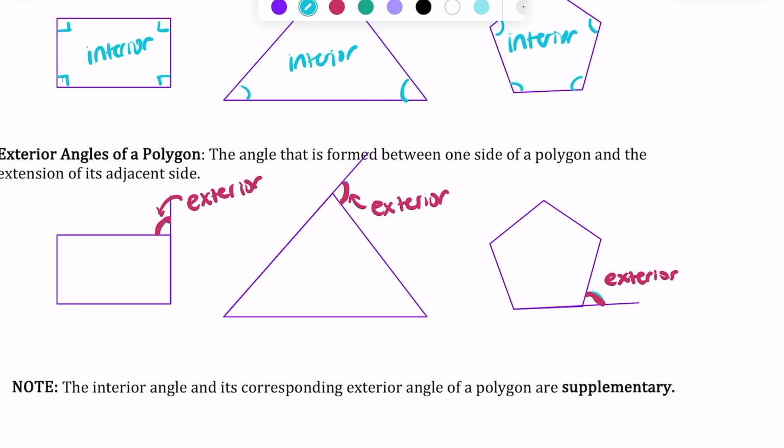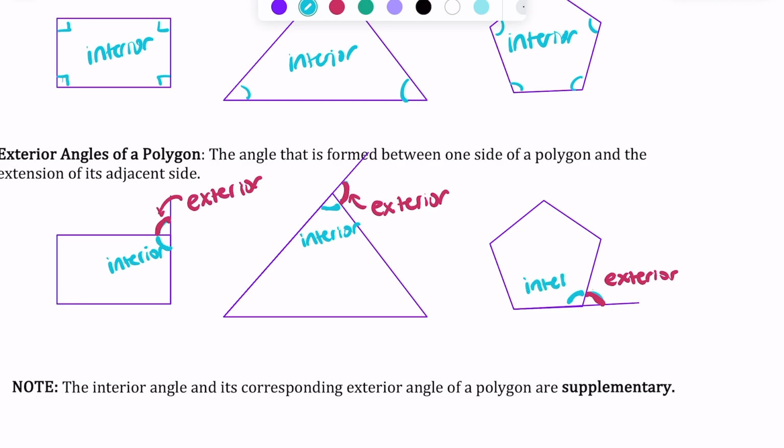Now, something that's kind of interesting to note is that an interior angle and an exterior angle that is adjacent to it, or the exterior angle that's immediately beside it, will be supplementary to each other. Right? This blue one is interior. The pink one or the red one is exterior.